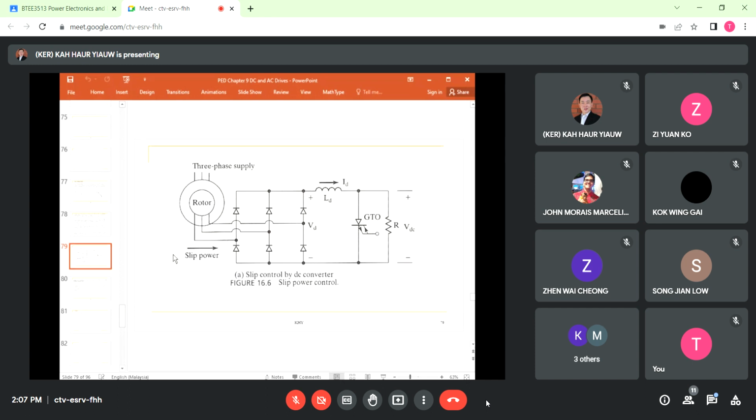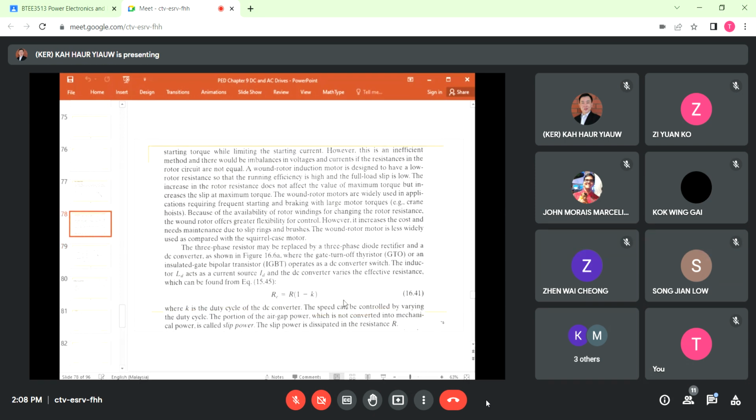The inductor LD acts as the current source ID, and the DC converter varies the effective resistance, which is equal to this equation here, equation 41, where K is the duty cycle of the DC converter. The speed can be controlled by varying the duty cycle.